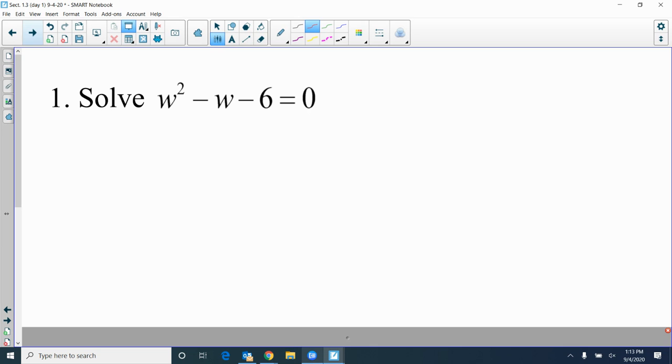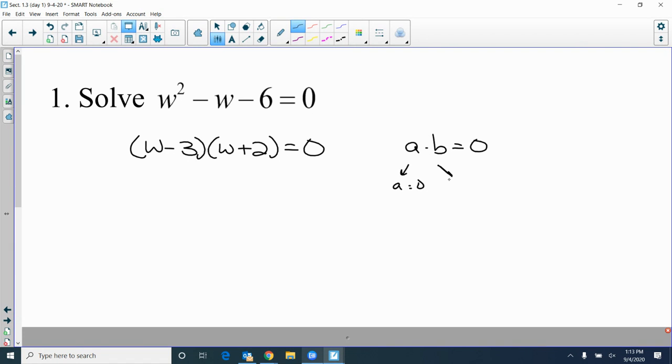I got w minus 3 and then w plus 2. Good. W minus 3, w plus 2 equals 0. Now this is no different than a times b equals 0. We have two things being multiplied. It's just not a single variable. But if two things multiply to equal 0, one of them has to be 0.